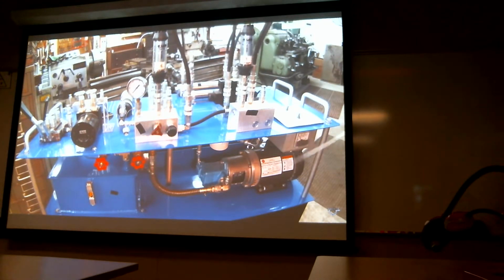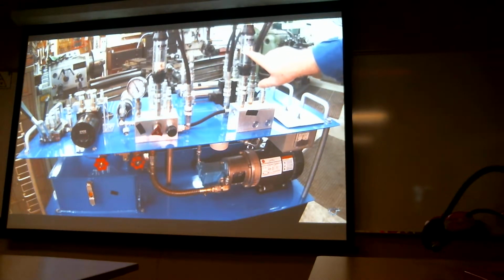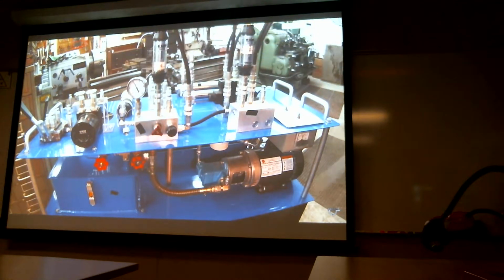Okay? So I'm going to turn the system on right here, and what it's going to show you is this pump is pumping right here 1.8 gallons per minute. So that pump is pumping 1.8 gallons per minute, and I'm not moving anything out here like these hydraulic cylinders or the motor.